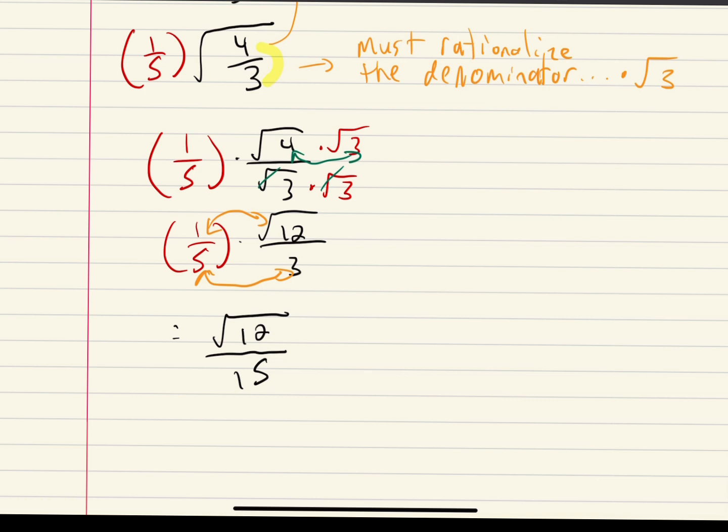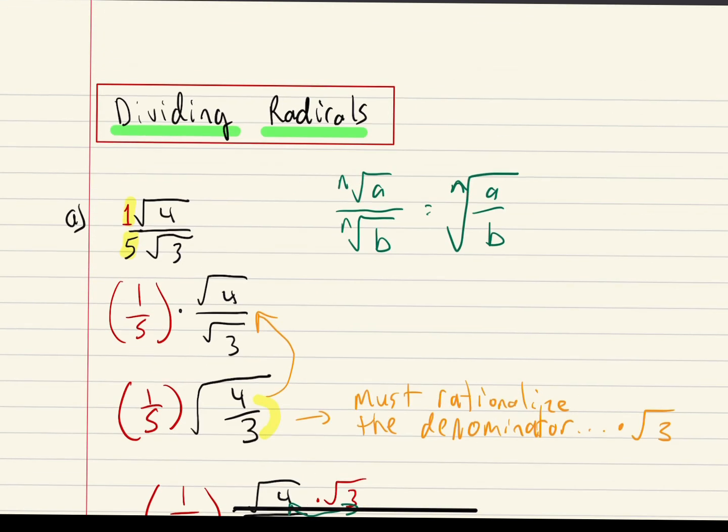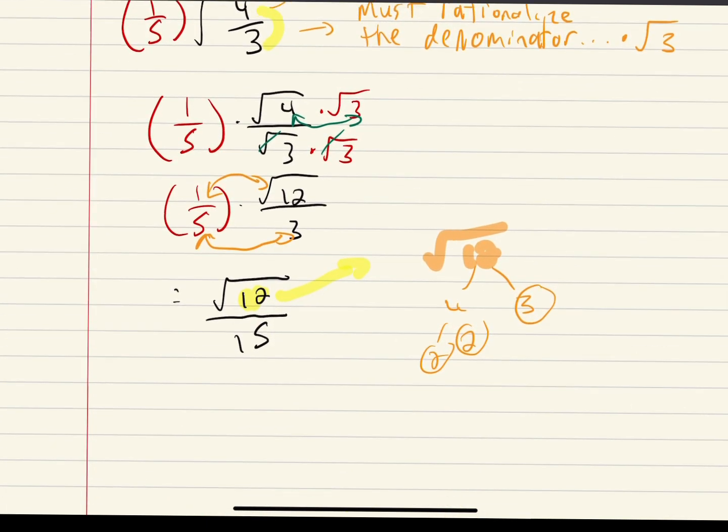And then before we finish, we see if this can simplify. So on the side, I go root 12, and that's going to be 4 and 3, and that'll break down into 2 and 2 and 3, which means that I can pull the 2 out of the root, which is going to leave me with 2 root 3.